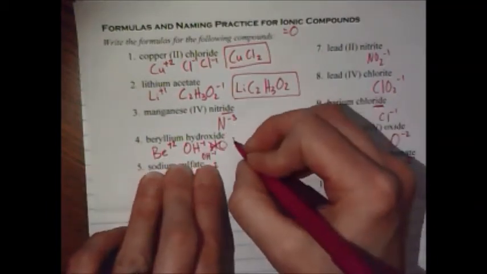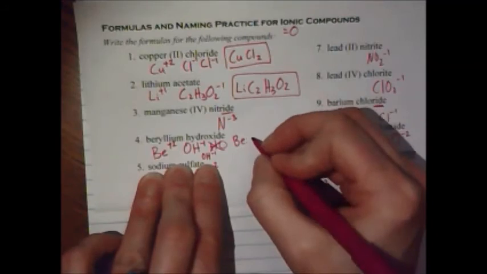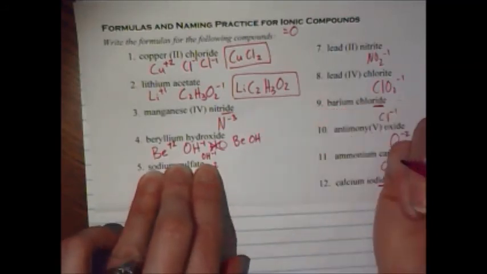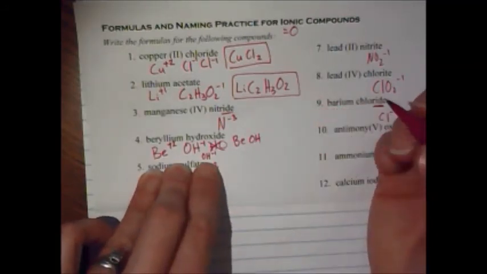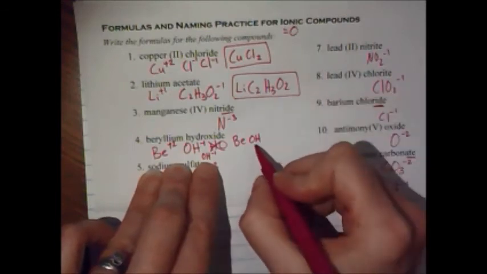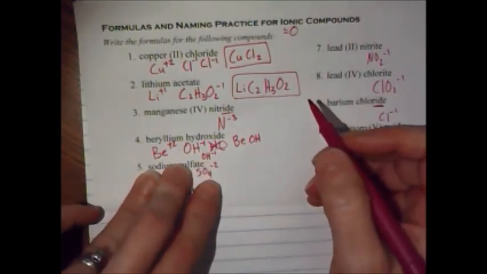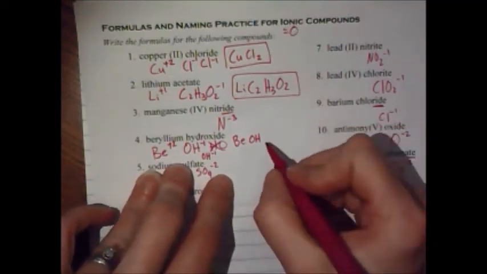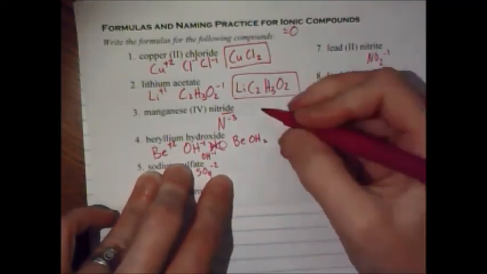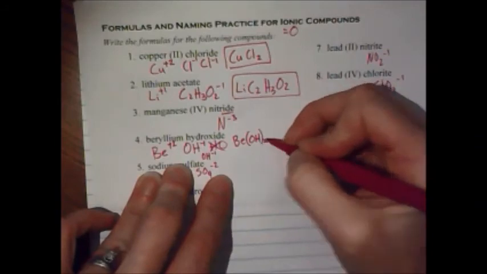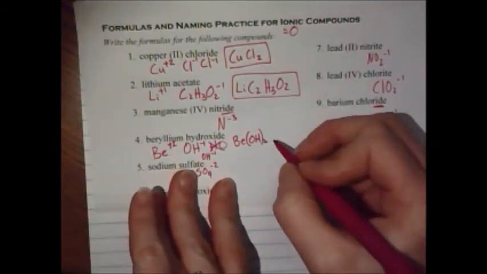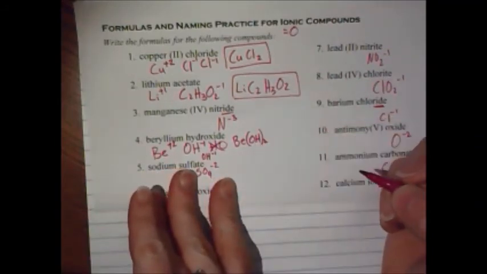So how do we say that we needed 1 beryllium and 2 hydroxides? We don't want to write OH all over again. We don't want to put O2H2 because that's not what the hydroxide ion is. We have to put a 2 and then put parentheses around the whole hydroxide ion saying I want 2 of that thing in the parentheses.